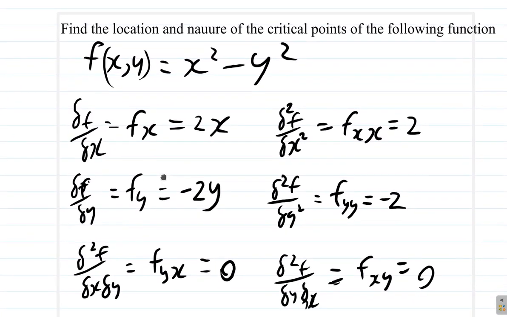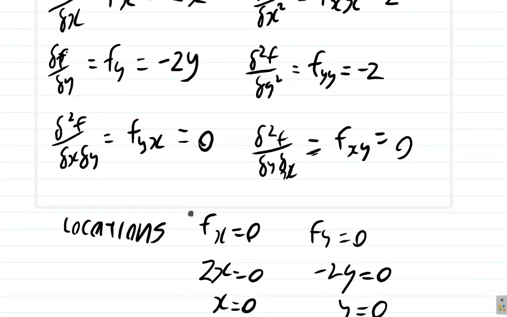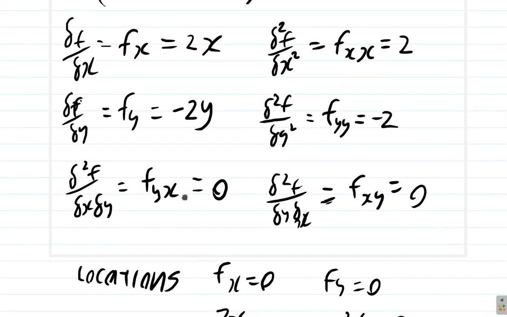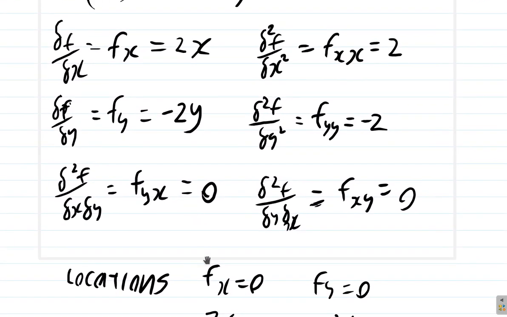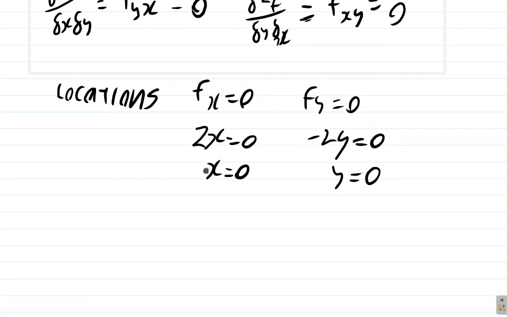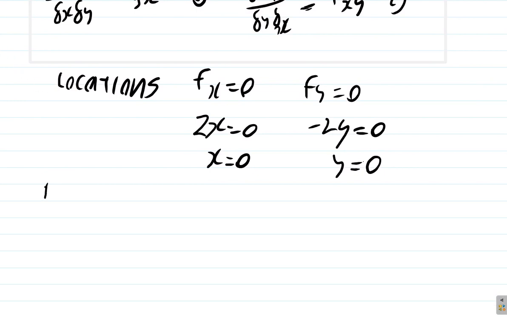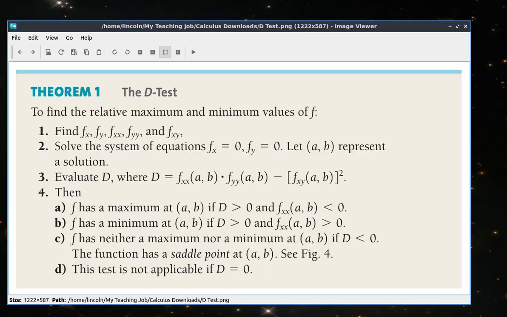Now, the thing is this: we want to run the D-test, the nature of the critical point. Let's look back at the D-test.